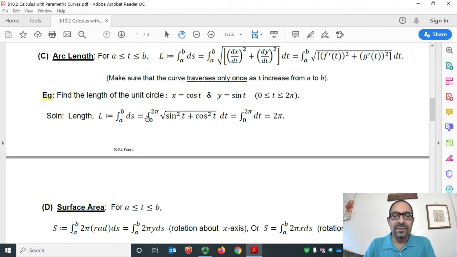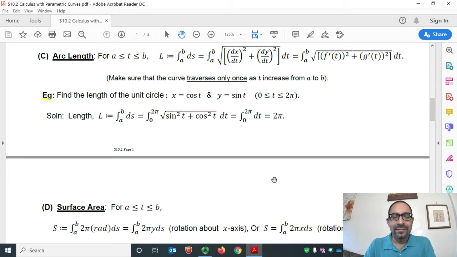So in the next step, definite integral 0 to 2 pi under the radical, dx/dt squared means sine squared t, plus dy/dt squared, the derivative of sine t is cosine t, squared, outside dt. We know sine squared t plus cosine squared t is 1, so radical 1 is 1, so we only have the integral from 0 to 2 pi of dt. This turns out to be simply 2 pi.